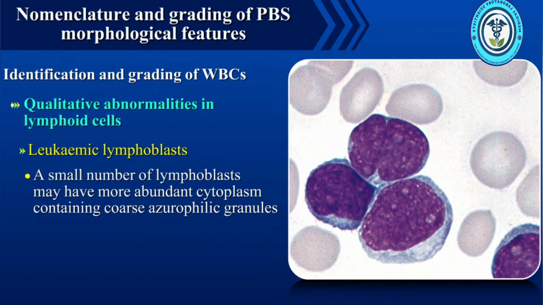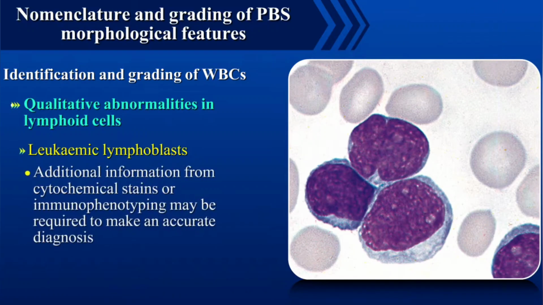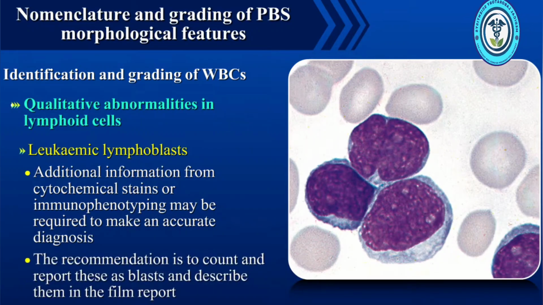A small number of lymphoblasts may have more abundant cytoplasm containing coarse azurophilic granules. Lymphoblasts cannot be reliably distinguished from myeloid blasts, lymphoma cells, and sometimes reactive lymphocytes. Additional information from cytochemical stains or immunophenotyping may be required to make an accurate diagnosis. The recommendation is to count and report these as blasts and describe them in the film report.